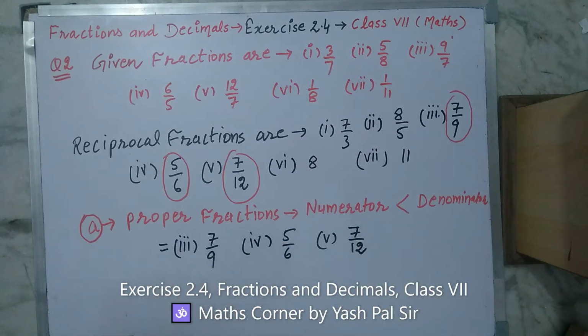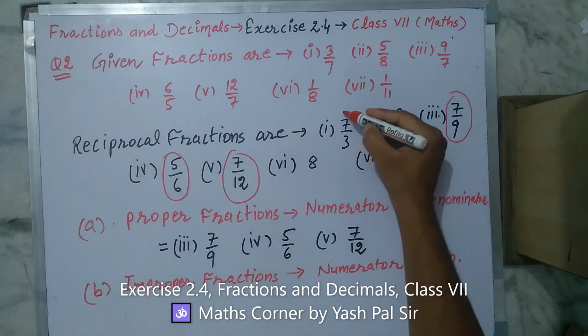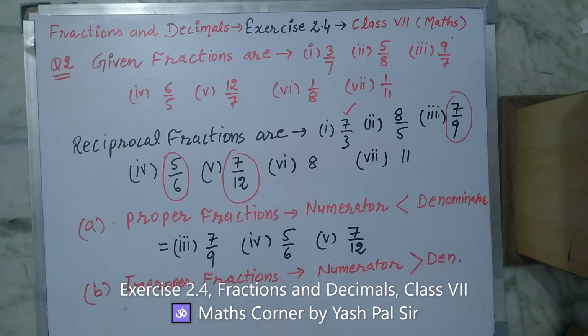And what is the answer of B part? Improper fraction means the numerator is greater than the denominator. So first of all, the first part answer is 7 upon 3. Numerator is greater than denominator.